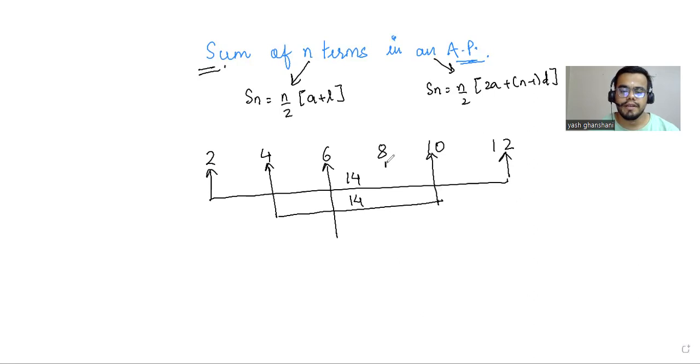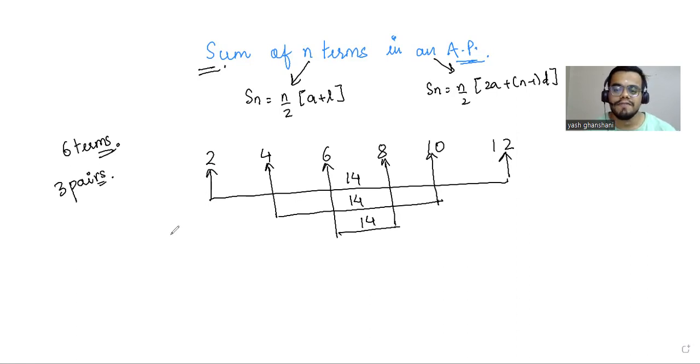Third term from the beginning and third term from the end, the sum is still 14. So we can see that the sum of the pairs we have formed is constant, which is 14. Here we have six terms and we got three pairs. Each pair has a fixed sum, that is 14. So we can find the total sum directly as 3 into 14, which is 42.